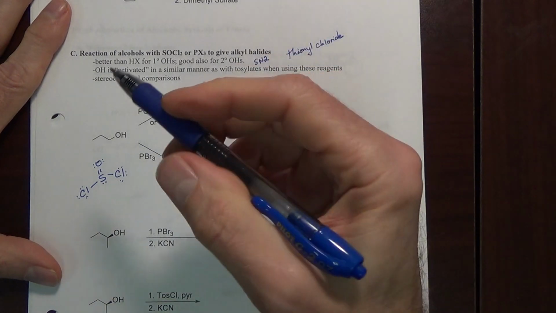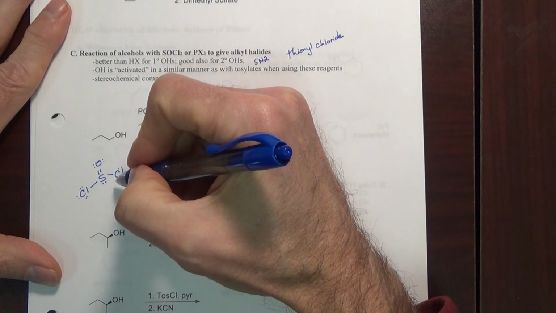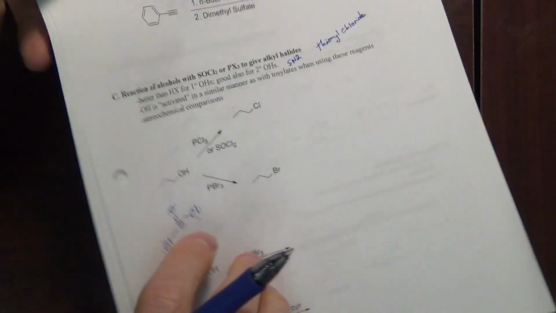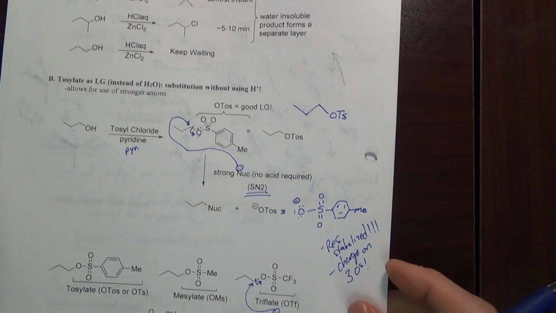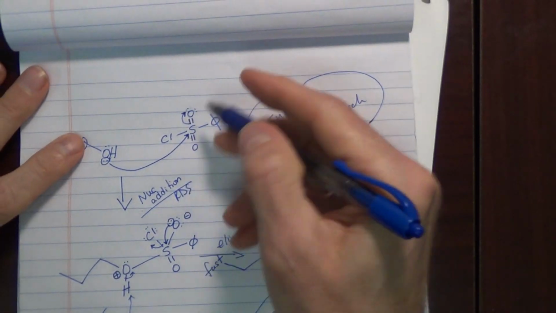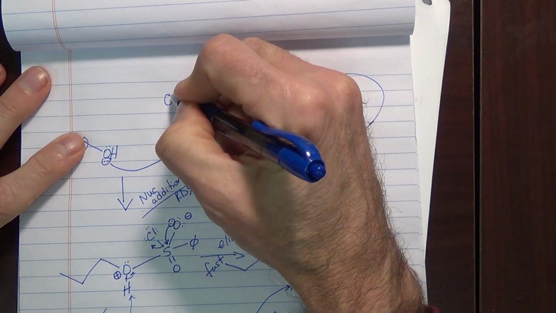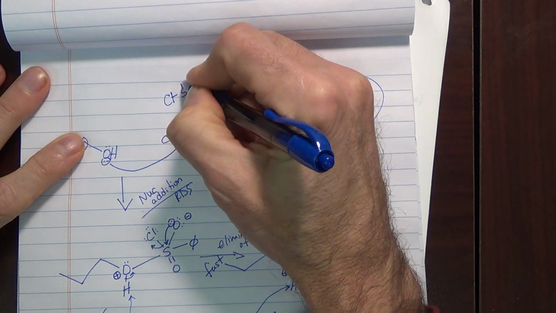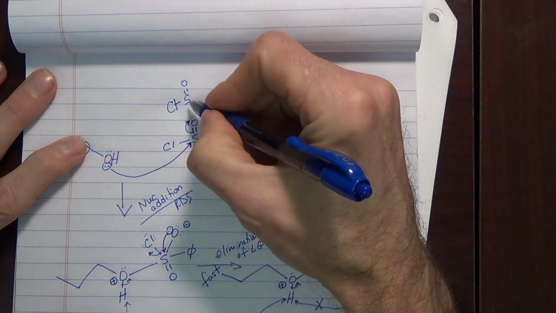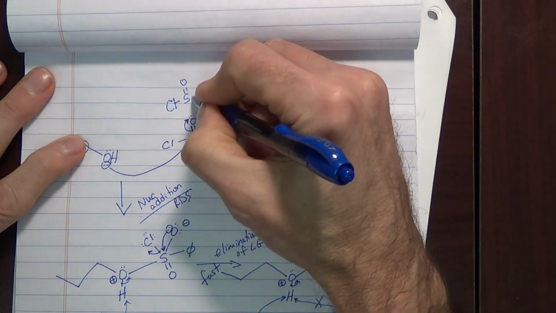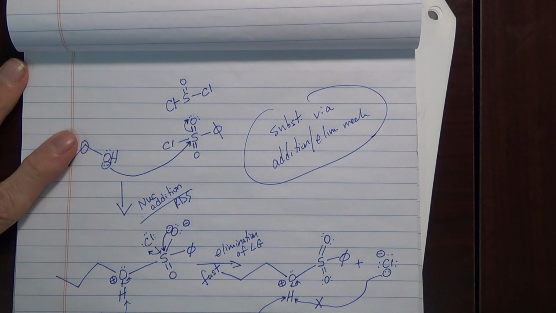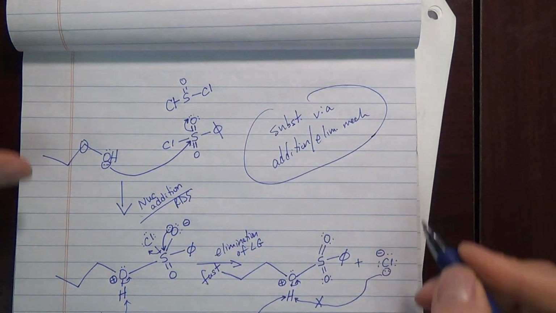It's somewhat similar to tosyl chloride, but with tosyl chloride we had SO2. With thionyl chloride, we just have 1 oxygen, sulfur double bonded to 1 oxygen, and then the other side is also another chlorine, as opposed to the toluene group.